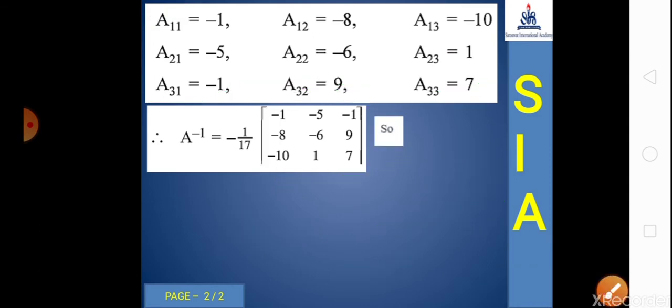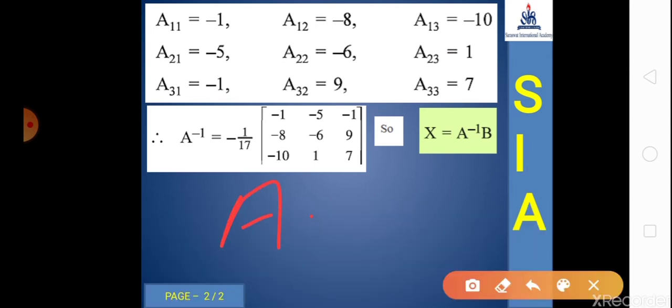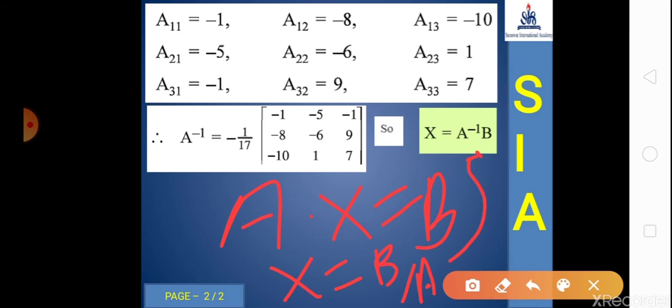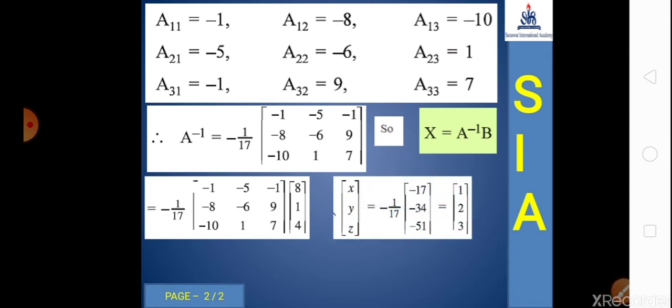Now operate in the form x is equal to A inverse B. Already we assumed in the starting that A into x is equal to B. So what is x? Actually x is B by A, and this B by A I mention in this form: A inverse into B. So putting in the A inverse and B values and operating by matrix multiplication, after dividing by minus 17 you get 1, 2, 3.